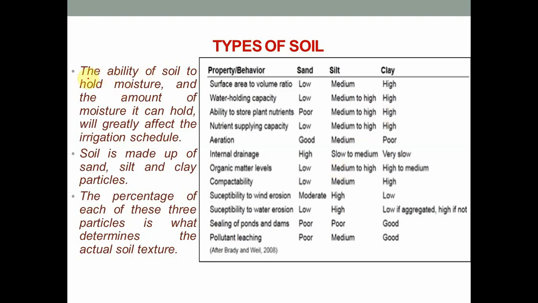Okay, the ability of soil to hold moisture and the amount of moisture it can hold will greatly affect the irrigation schedule. Okay, so the ability of a soil in order to hold water, which is irrigation water available to it, and the amount of water it can hold inside its pores, will greatly affect the irrigation schedule.